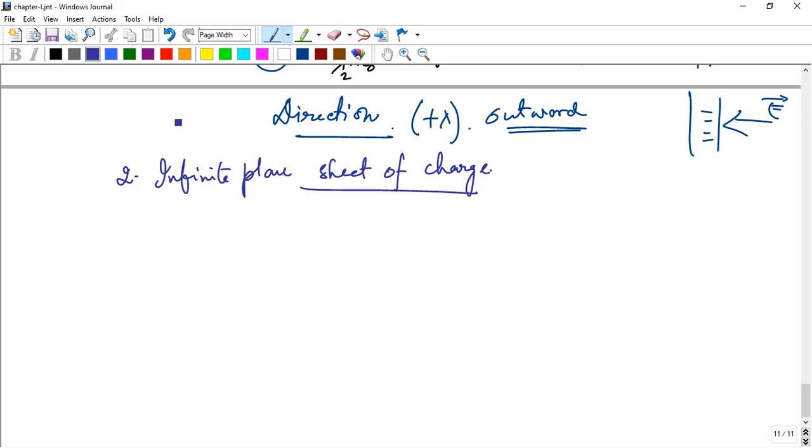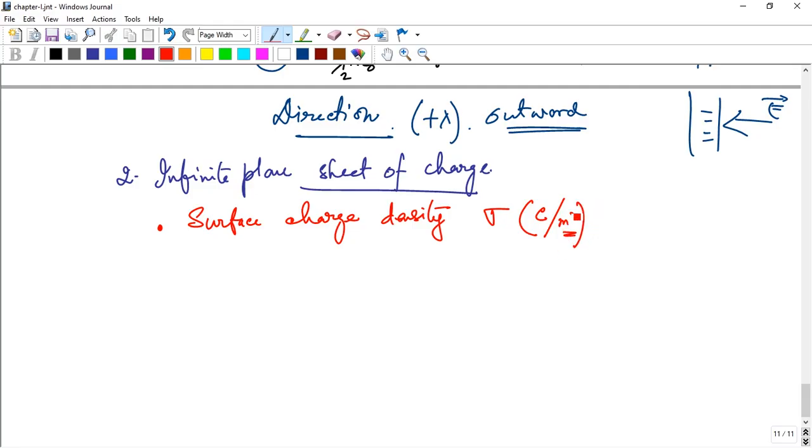That's very important. Here, the first point is the surface charge density, sigma, which is Coulomb per meter square. There is a surface, that's why there is meter square. Previously there was a line, so that's why it was meter. Now it is Coulomb per meter square.